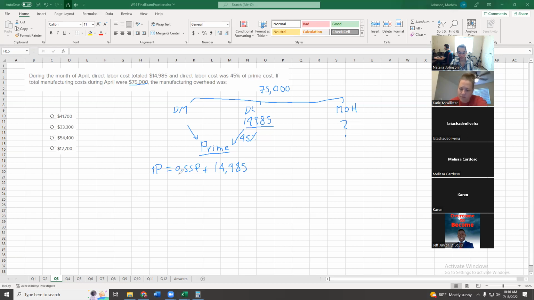And then we subtract 0.55 prime on both sides. So 1 minus 0.55 is 0.45 prime equals 14,985.